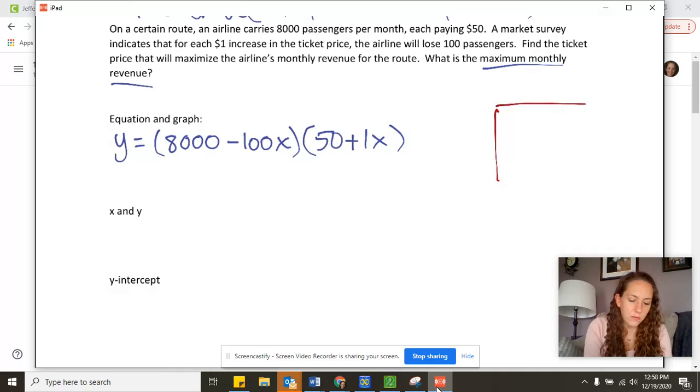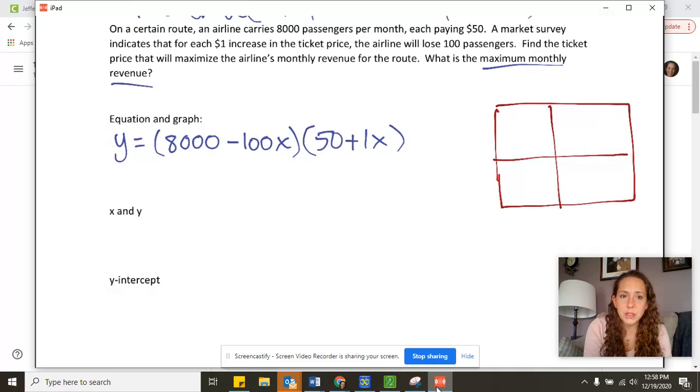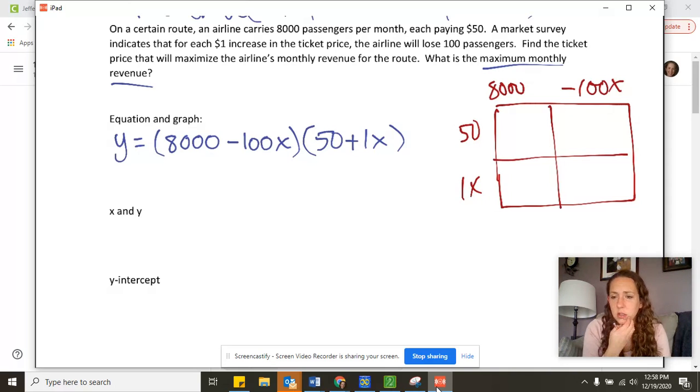It's just a way to make sure you don't forget anything. So since it's a binomial and a binomial, I'm going to use a 2 by 2 box, and I'm going to put everything on the outside. 8,000, negative 100x, and then 50 and 1x. And it's just a way, like I said, to make sure that we don't forget anything.